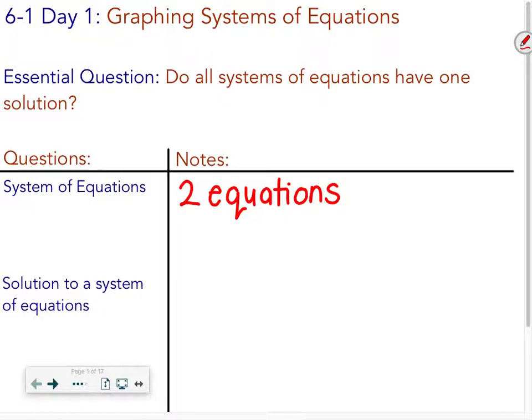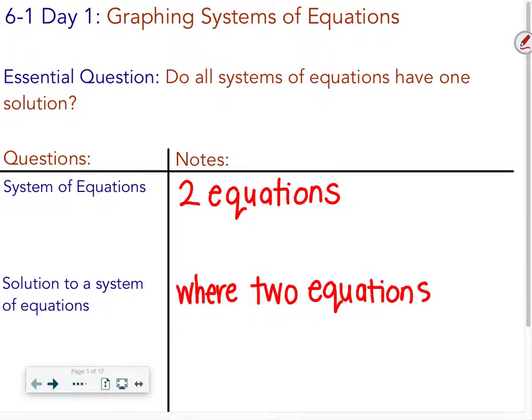A solution to a system of equations is where the two equations intersect, and this is written as an ordered pair.